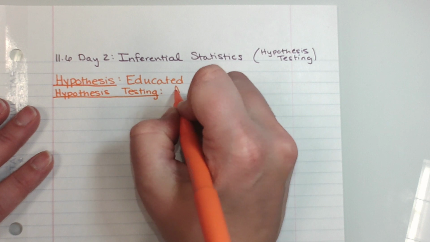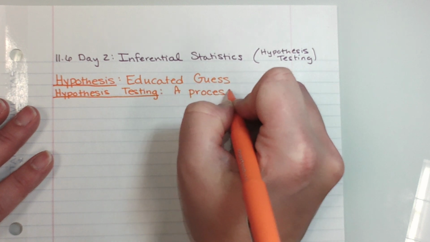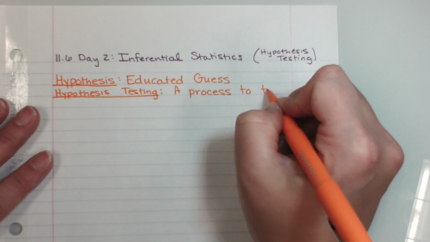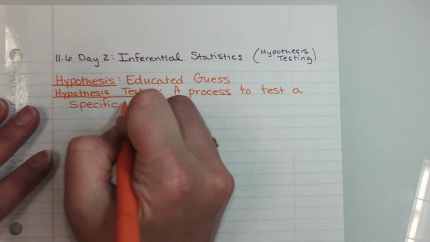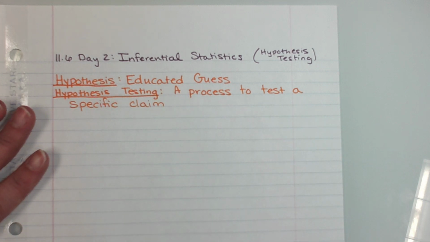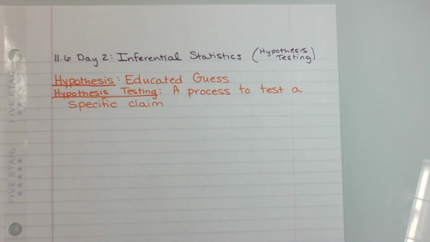Hypothesis testing is a process used to test a specific claim. Now, when you are trying to test a specific claim, when you are trying to step in and say the expert is wrong in what they are saying is supposedly true, you have a disadvantage.